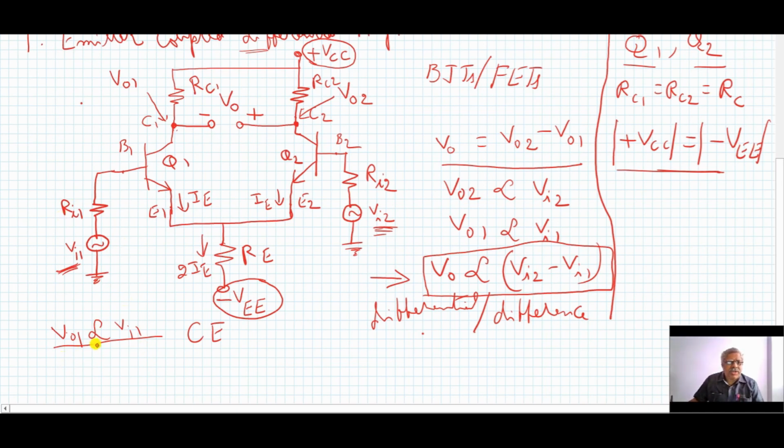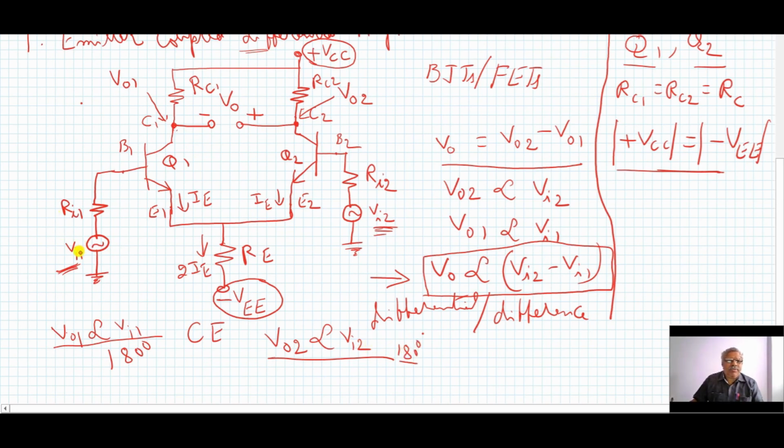In the same way, here also we get a phase difference of 180 degrees between V01 and Vi1. In the same way, for the second transistor, between V02 and Vi2 also we get 180 degrees phase shift.